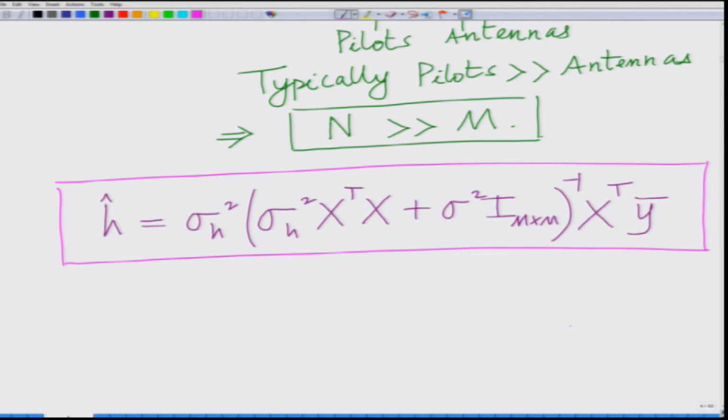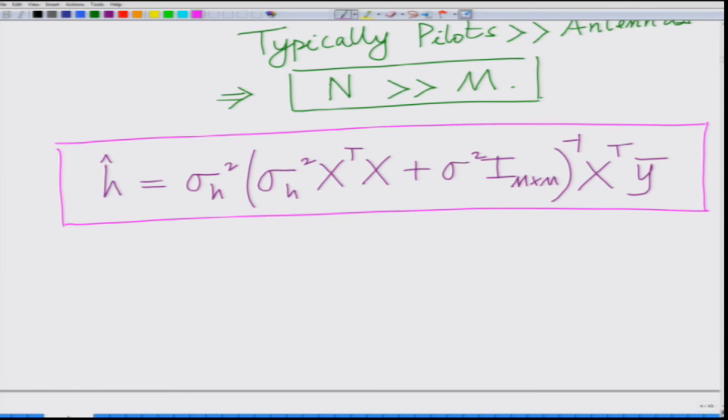And now, the additional thing that we can look at here is that for a complex channel vector, I can simply replace the transpose by the Hermitian. Let me just write that down.